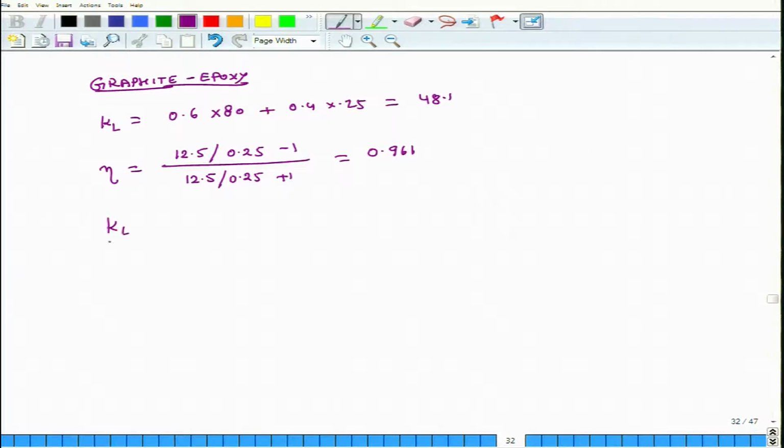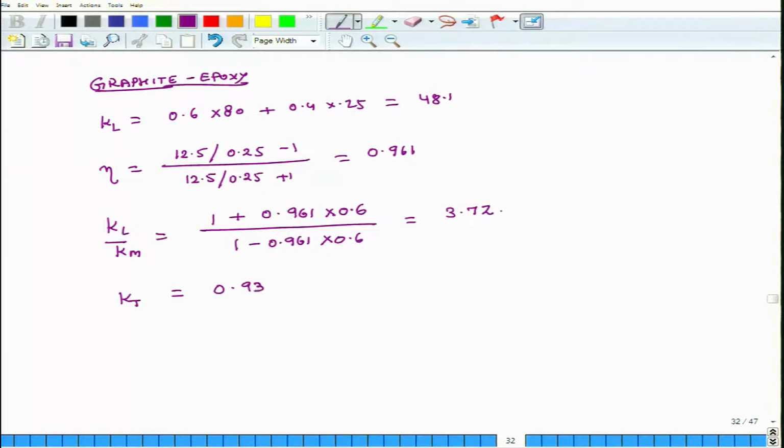So, Kt over Km equals 1 plus 0.961 into 0.6, which is the volume fraction, divided by 1 minus 0.961 into 0.6. So, this is equal to 3.72. So, Kt is equal to 0.93 watts per meter per degrees centigrade.